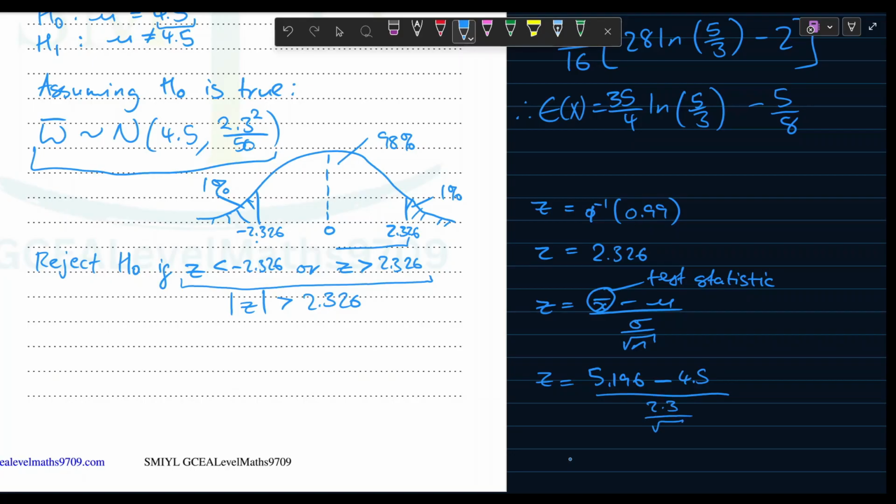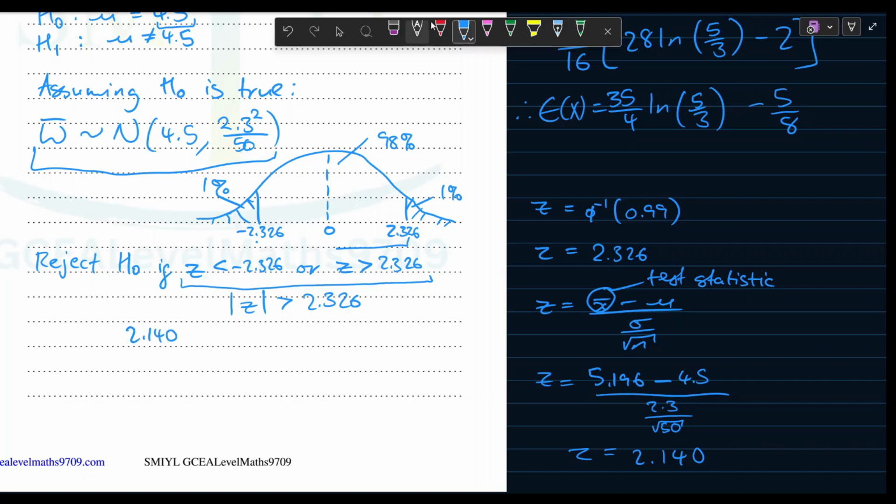So our z calculated is 5.196 minus 4.5, divided by 2.3 over root 50, and this gives us a z of 2.140 to 3 decimal places. Okay, so let's compare this to our critical values here.